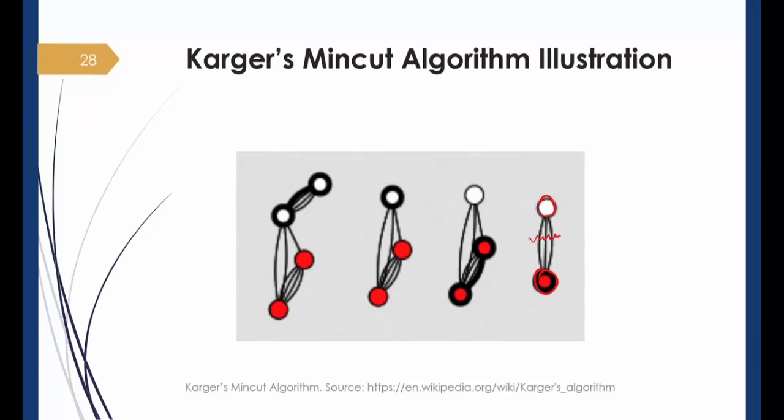So, we have to keep track of them. Let us say this super node comprises the set S, and this super node comprises the set V minus S.